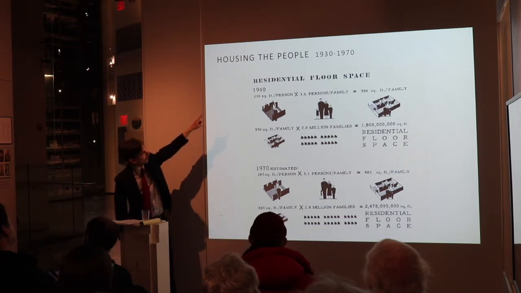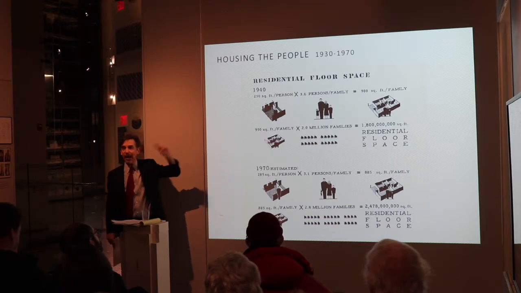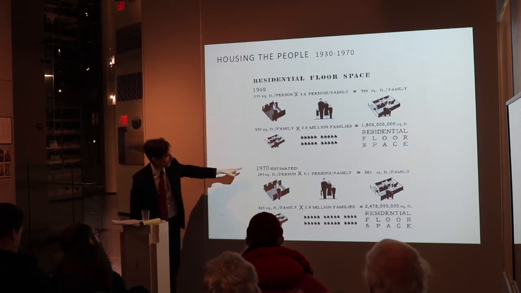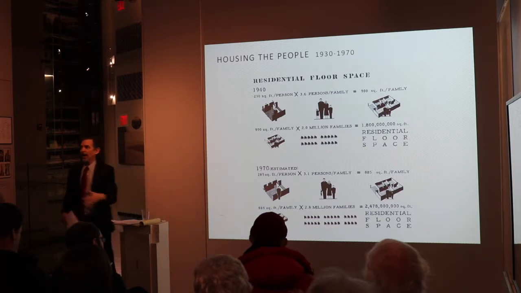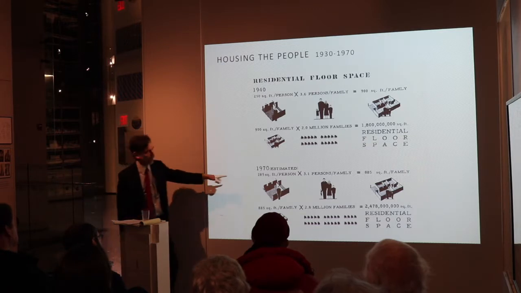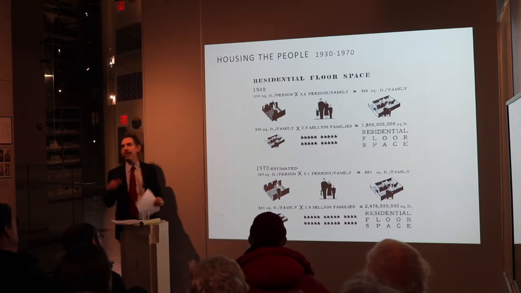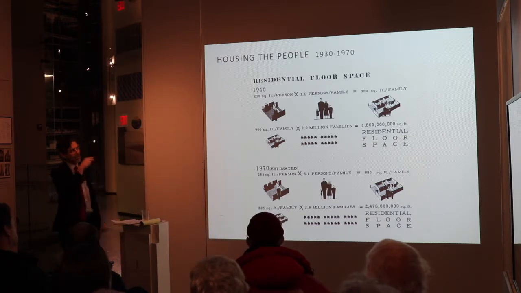It is predicted, and I think accurately, that by 1970 the family size will go down, but demand will actually keep the size of apartments relatively the same because it's considered that each person needs more square footage.